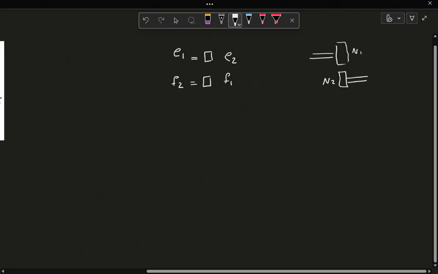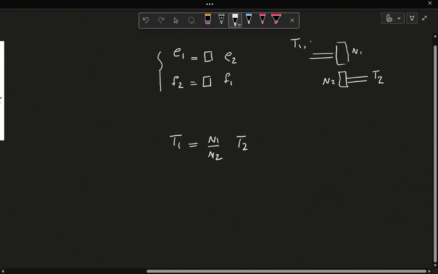You notice that if you have effort as the torque on the first side and the torque on the second side, then this equation for the transformers would say that effort 1, which is T1, equals some constant number multiplied by effort 2. That constant number in gear chains turned out to be N1 over N2.